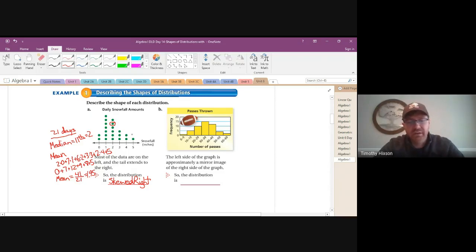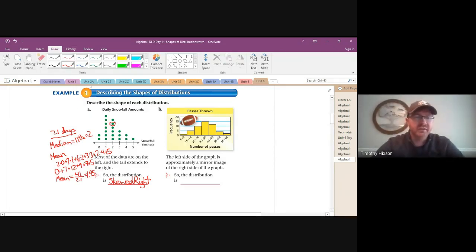There weren't quite as many up here to pull it all the way. But if this had been symmetrical, then our mean would have been probably closer or somewhere between 1 and 2 instead. So the mean gets pulled to the right a little bit in this case.